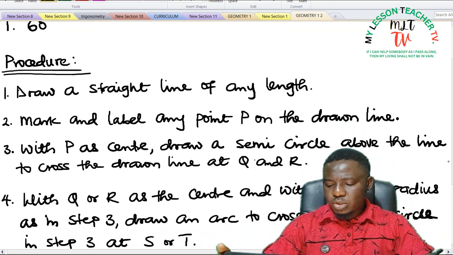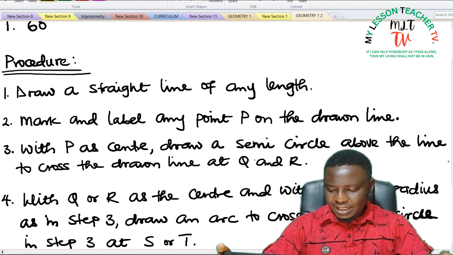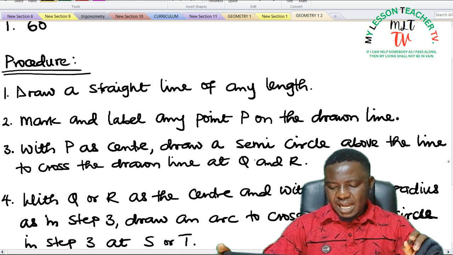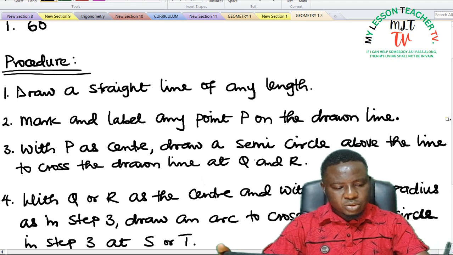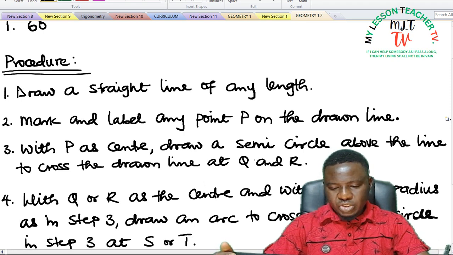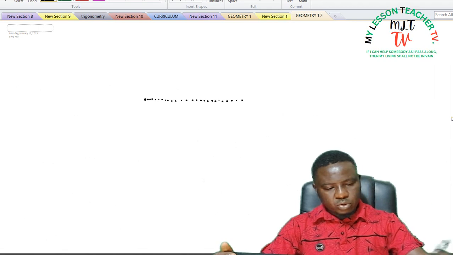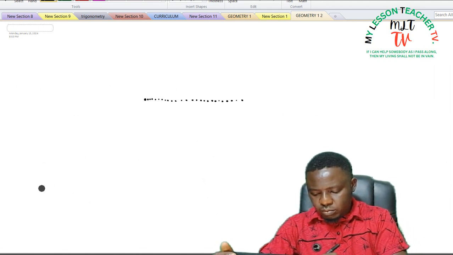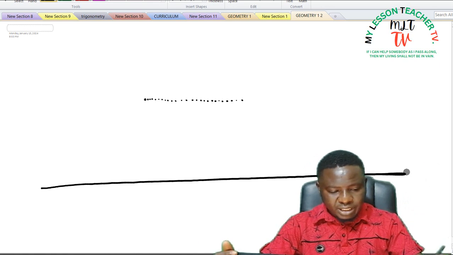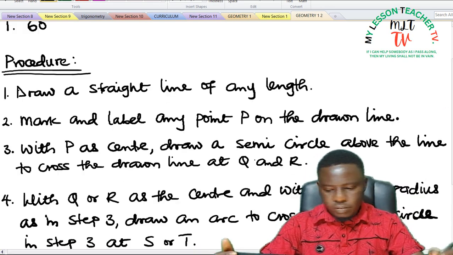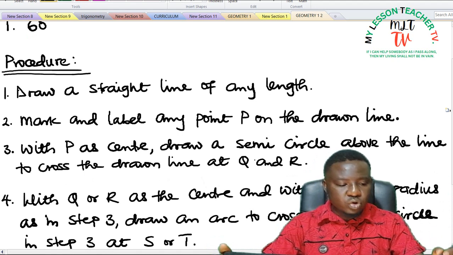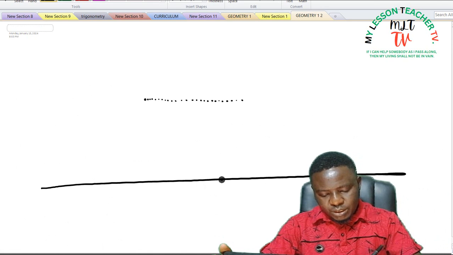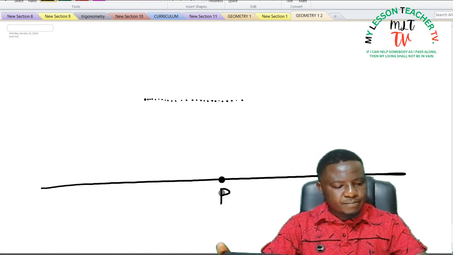Step 1 says you should draw a straight line of any length. Step 2 says mark and label any point P on the drawn line. So let's use this. This is a straight line of any length, and this is point P on the drawn line.